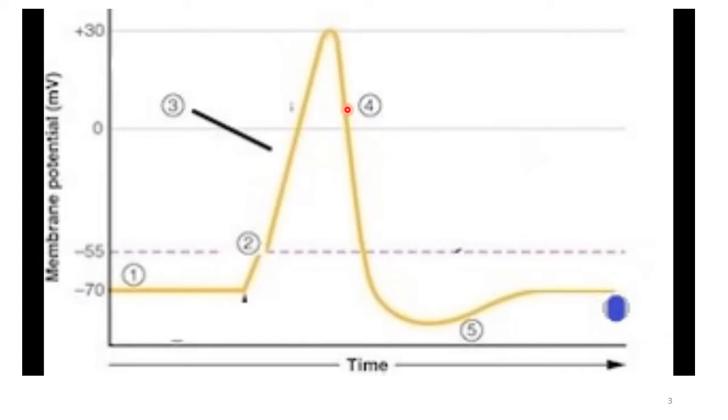From there, you will find the fourth phase, that is the repolarization phase. From the spike potential, it goes on and there is hyperpolarization. And again, you will find the resting membrane potential.